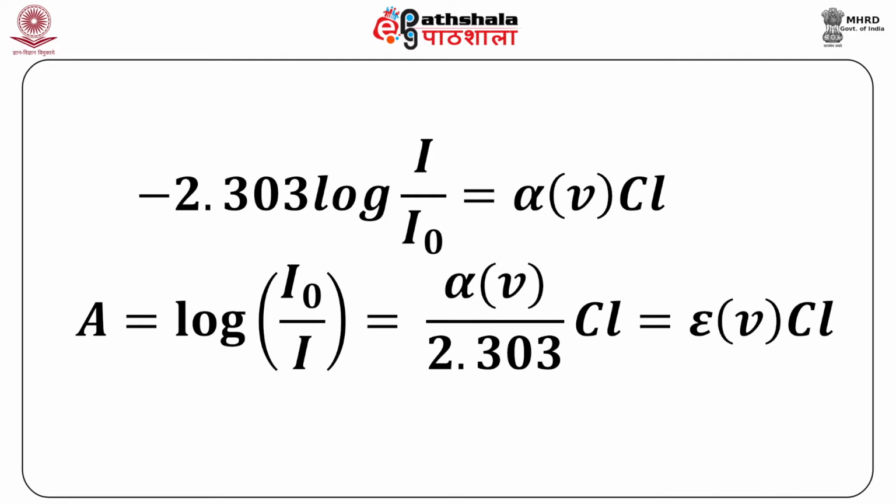Instead of alpha nu by 2.303, we have written epsilon nu. Epsilon nu is called the molar absorption coefficient, or it is also called the molar absorptivity, and also the molar decadic absorption coefficient, because decadic means to the base 10, and A is the absorbance of the solution.